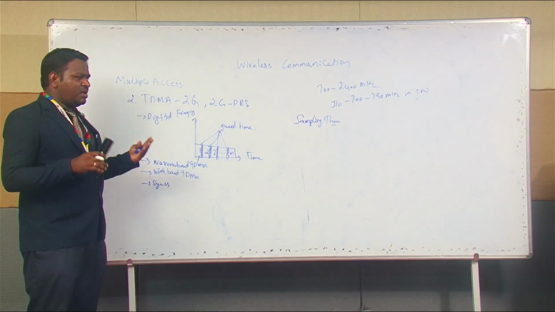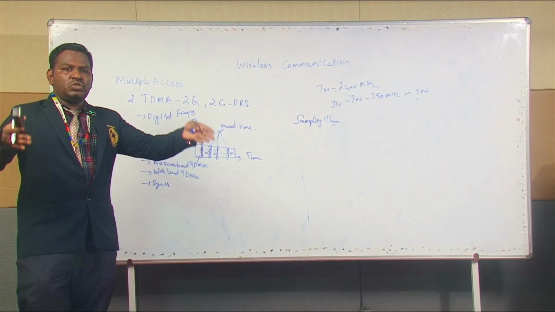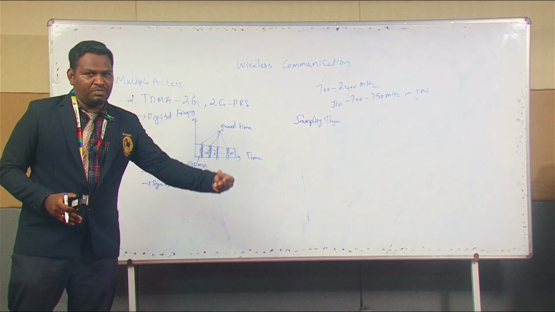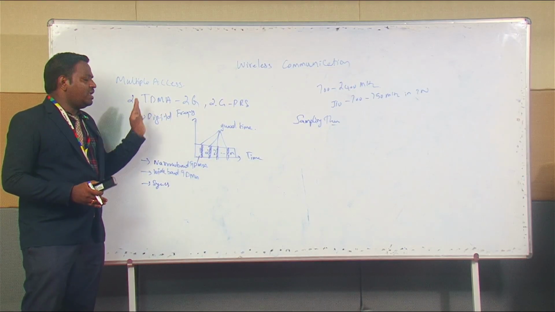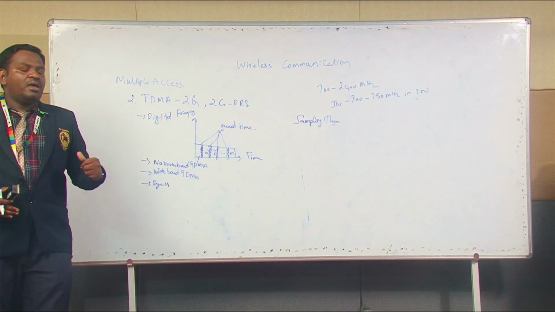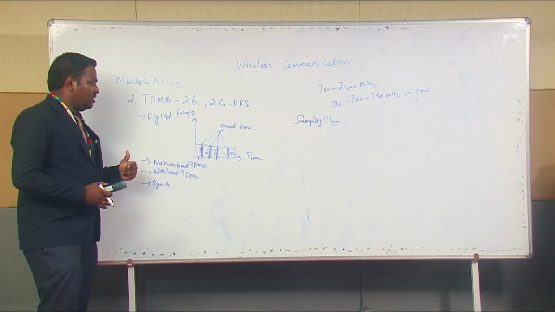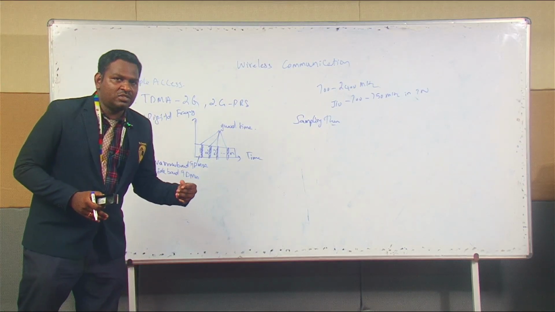If there are n users in a particular base station, each user should know in what time slot they need to transmit. That is the advantage as well as the disadvantage of this TDMA. Once again I will repeat, TDMA comes under second generation mobile communication, where we are using digital transmission techniques.